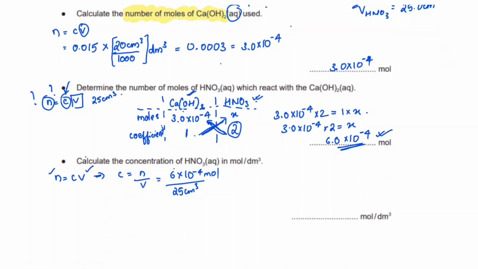The number of moles is in moles. This volume should be converted to decimeter cube by dividing it by 1000. So when we try to solve this, it becomes 6 into 10 raised to minus 4 divided by 25 into 10 raised to minus 3.